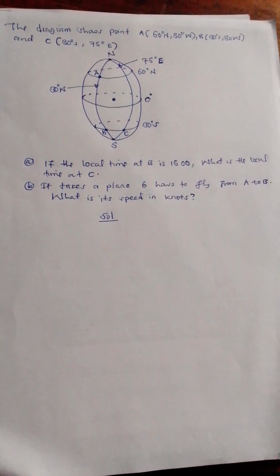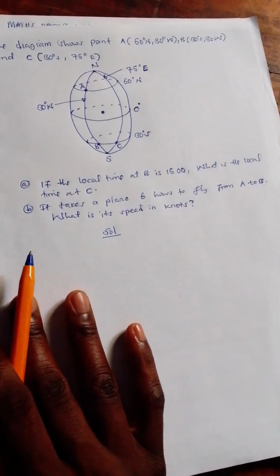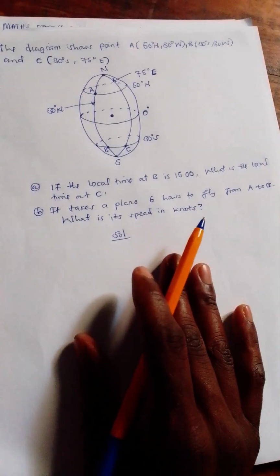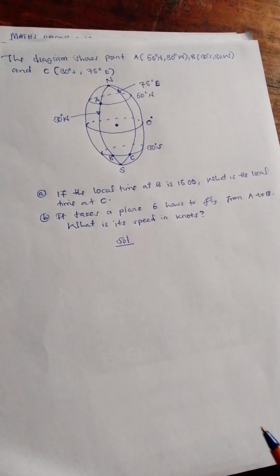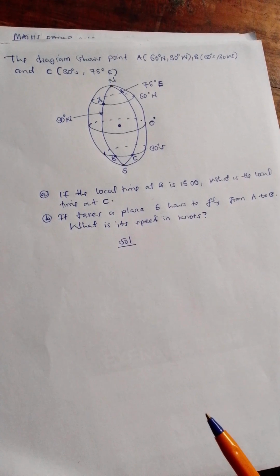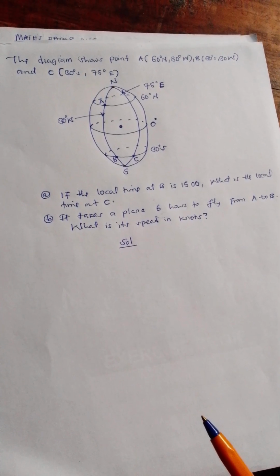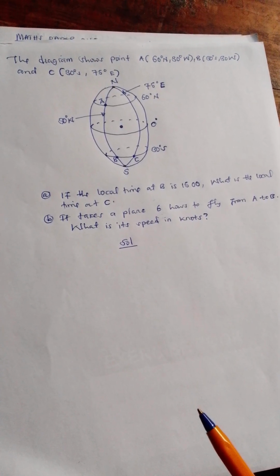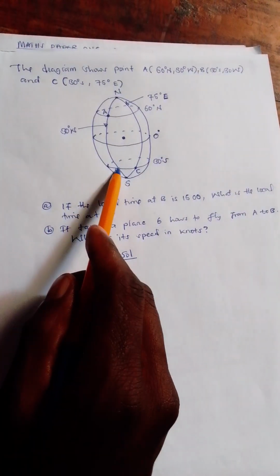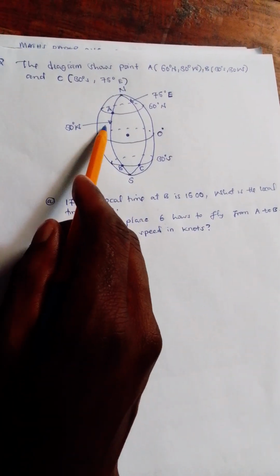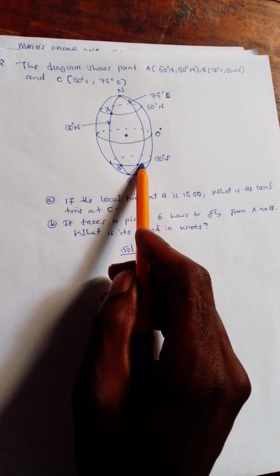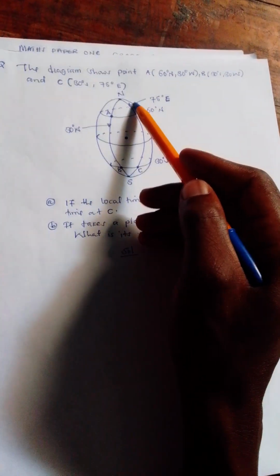So B is in the longitude 30. Then C is in the longitude 75.